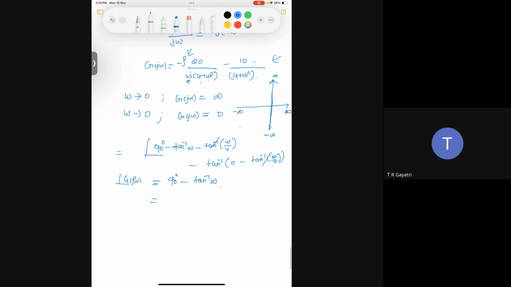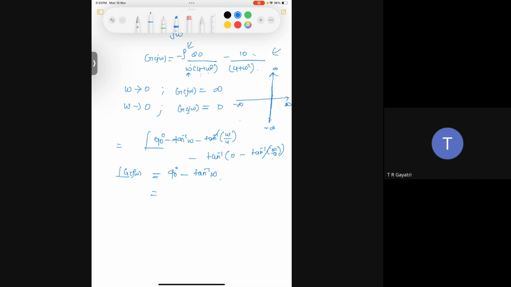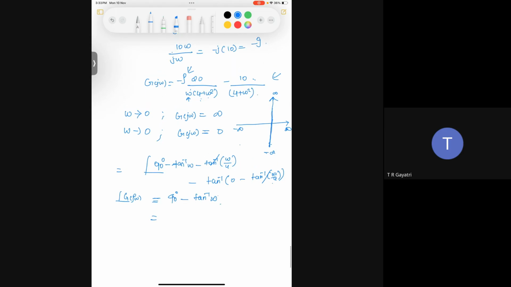Ma'am, in the denominator we don't have j, ma'am. Yeah, it went to the numerator here. Yes, ma'am. So that minus j.